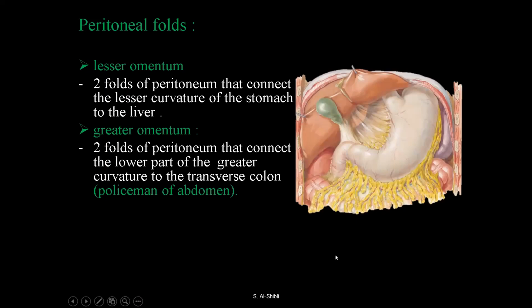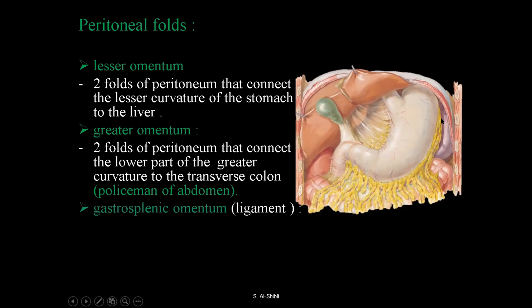Or if you open the abdomen for a perforated duodenal ulcer, you might see part of the omentum stuck to the hole of the perforation, to decrease the spread as much as it could. For that reason we call it the policeman of the abdomen.